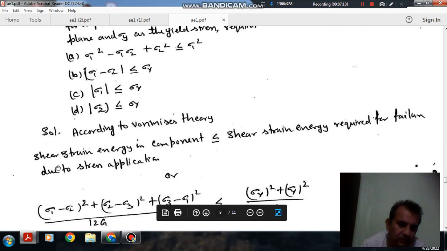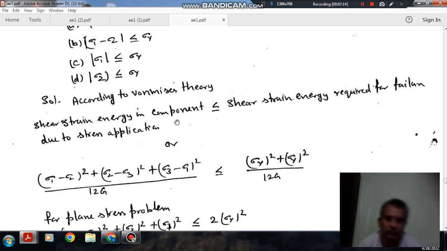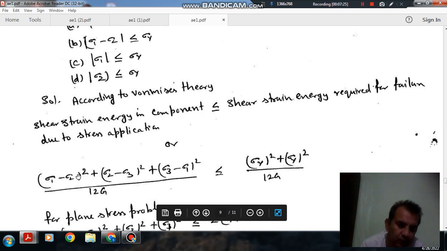So according to von Mises theory, the shear energy in a component due to stress application should be less than the shear energy required for failure. Okay, this is the shear energy formula; if we put here yield stress, then it is the failure condition, and this is your actual condition.